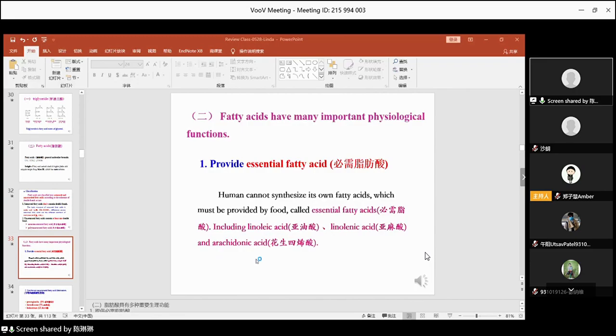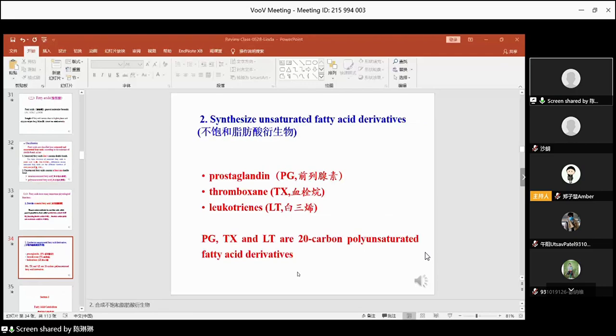You should remember these three examples, and there may be a single choice question for you. And next is about the synthesized unsaturated fatty acid derivatives. Also, I will give you single choice questions on these key points.